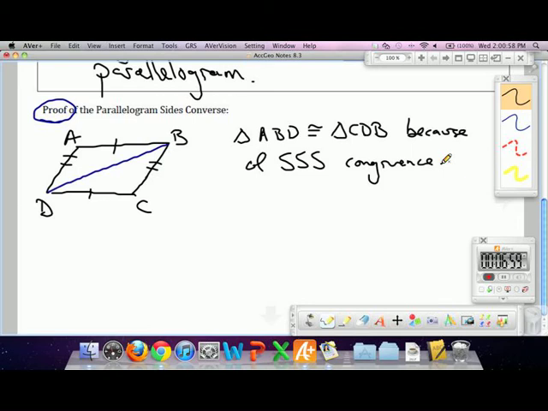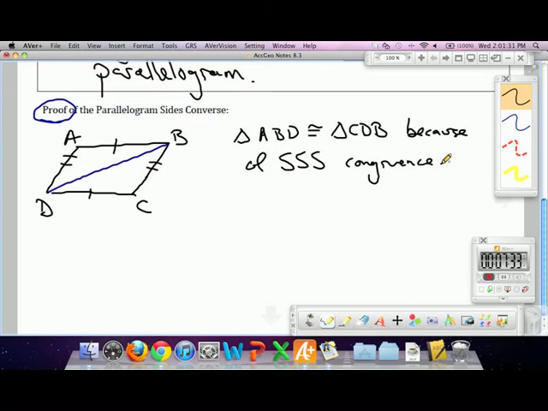Before we start picking angles we want to be congruent, let's think a little bit ahead. We want to show this is a parallelogram. So what angles do we want? What angle pairs do we really like to be congruent? What would help us there? If we could get a couple of these angle pairs to be congruent, what's that going to tell us?